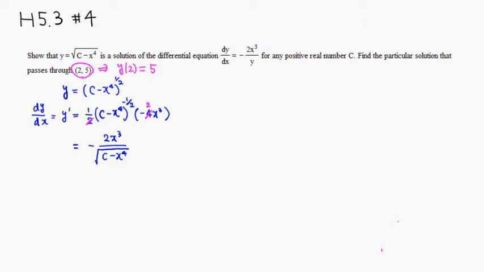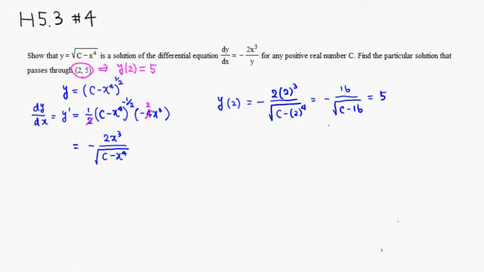So y of 2 is negative 2 times 2 cubed over square root of c minus 2 to the 4th power. 2 cubed is 8, so it's negative 16 over square root of c minus 16. And we want this to be 5. So we want to find c from there.